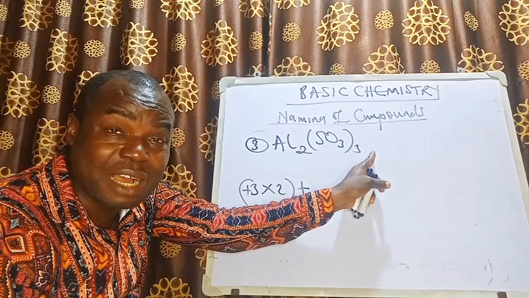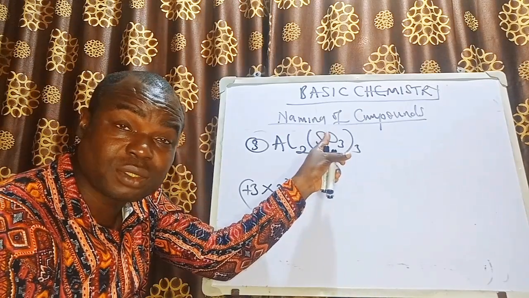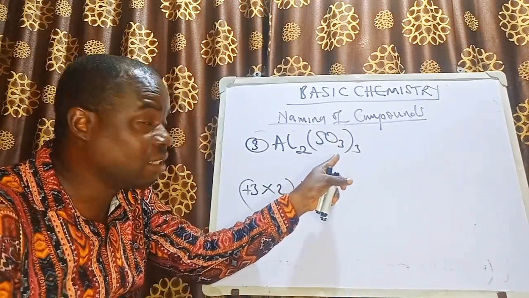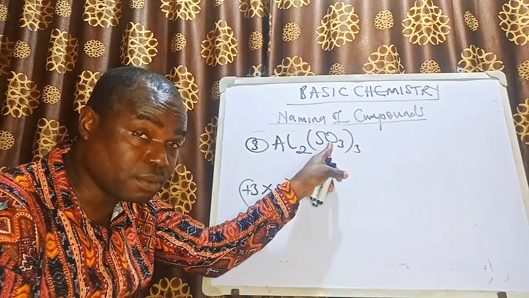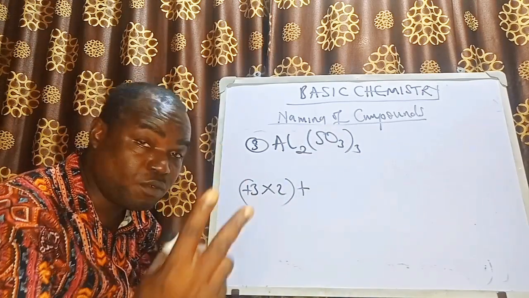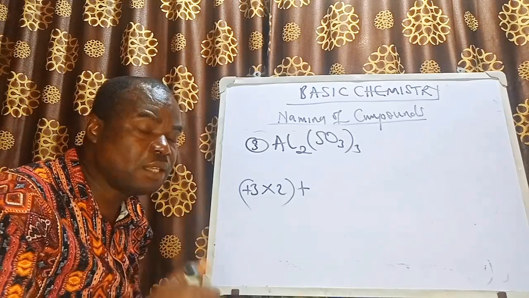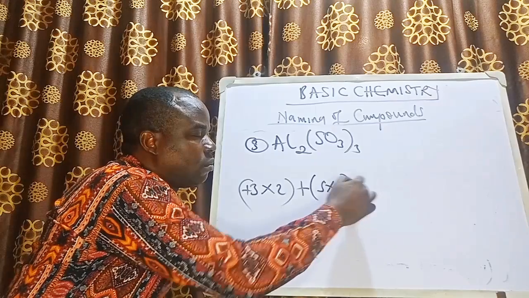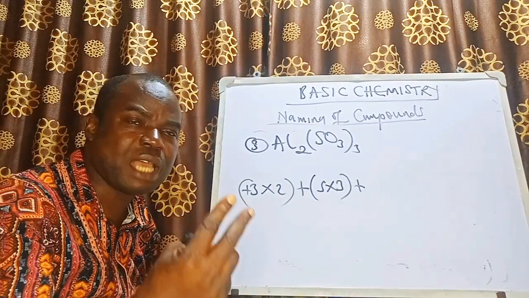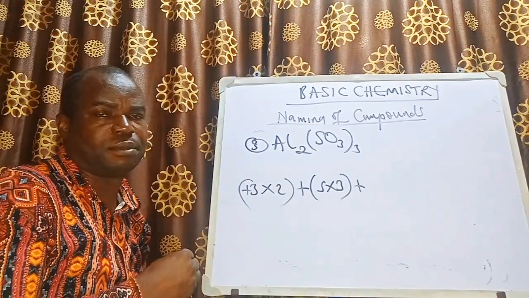These 3 outside here belongs to both sulfur and what? Oxygen. Meanwhile, this other 3 here belongs to only oxygen. So the one outside belongs to 2 of them. So if I want to write sulfur now, I'll multiply it by 3. Why? Because it appears 3 times.